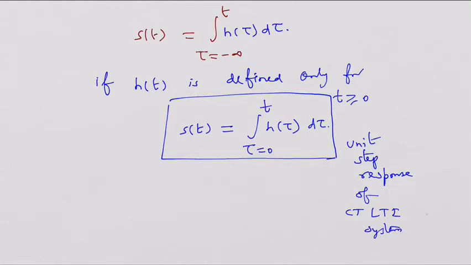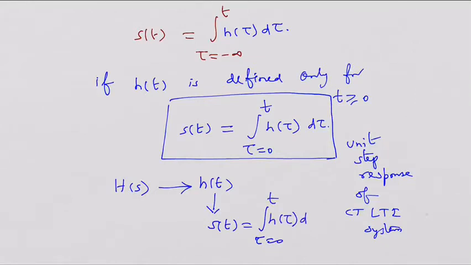So just imagine, if you know the transfer function h of s, by applying inverse Laplace transform you can obtain h of t. From h of t it is possible for me to obtain s of t using the integration from tau equal to 0 to t of h of tau into d tau.